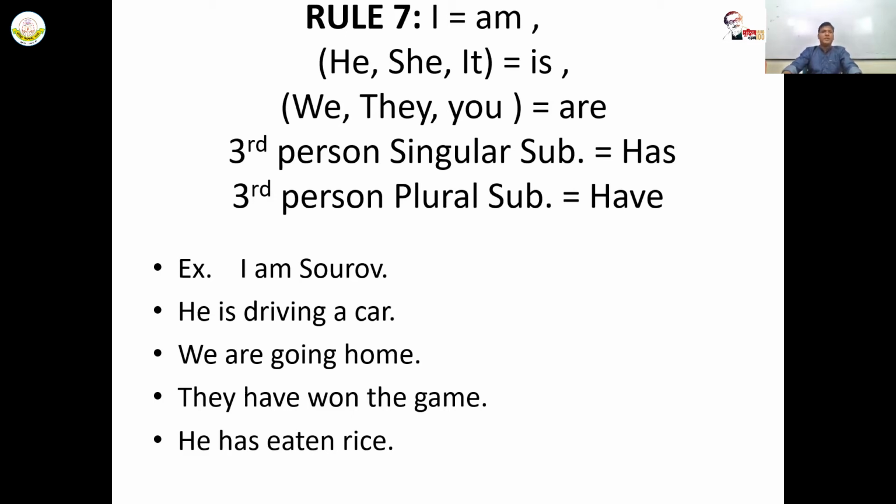And for the past tense, I always takes was, he, she was, we, they, you were. So, for example, I'm sure of his driving car. We are going home. They have won the game. He has eaten rice. So it's the easiest rule, I think so.